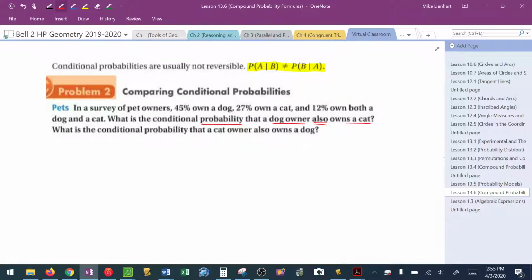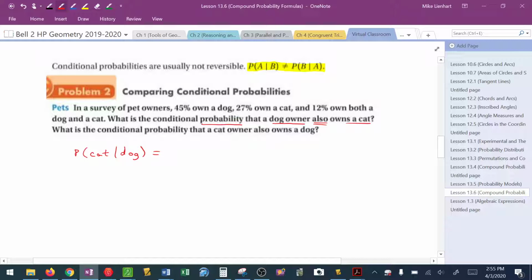For this first one, what is the probability that you have a cat given that you're a dog owner? Sometimes you have to play with the words a little bit to figure out which is the given in this compound statement. I'm looking for the probability of cat and dog, which means they would own both.